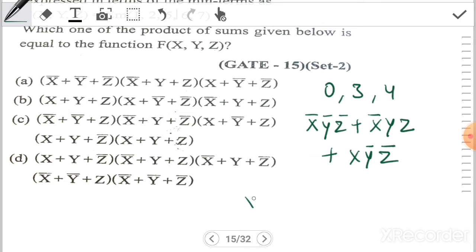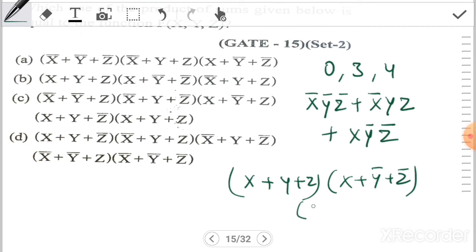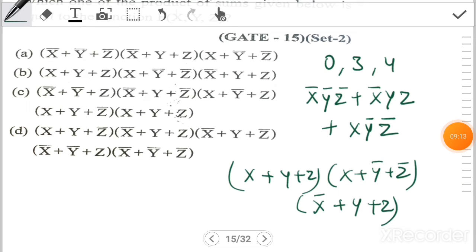So we'll have x plus y plus z, this as x plus y complement plus z complement, and this as x complement plus y plus z. So the answer is B. Okay.